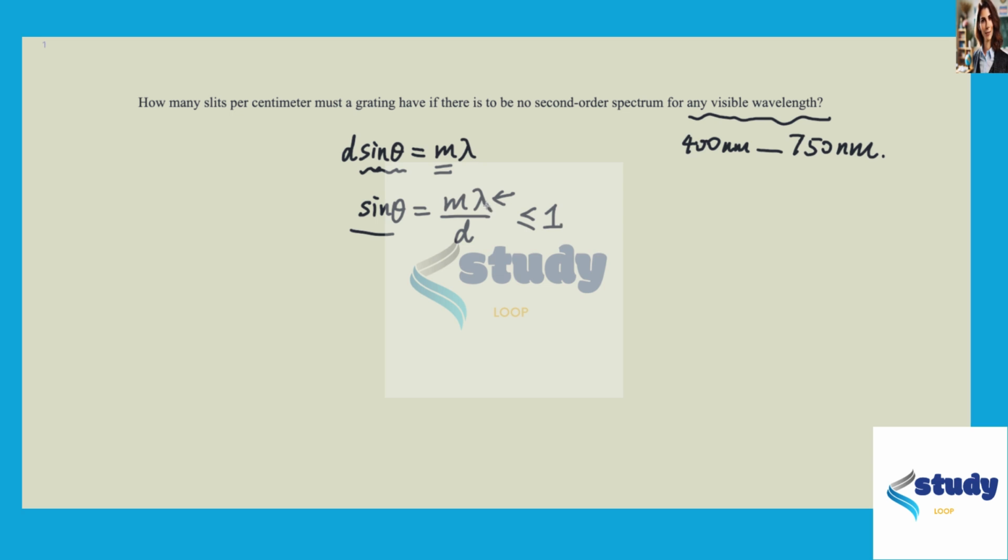So maybe we can have m equals 3 for 400 nanometers, but only m equals 2 for 750 nanometers, because when the wavelength increases, the angle increases, so the pattern is more spread out.